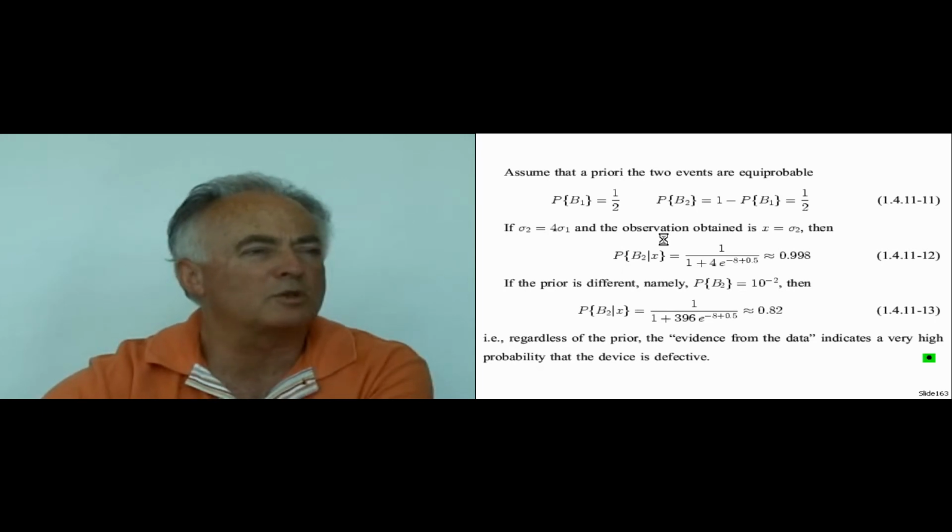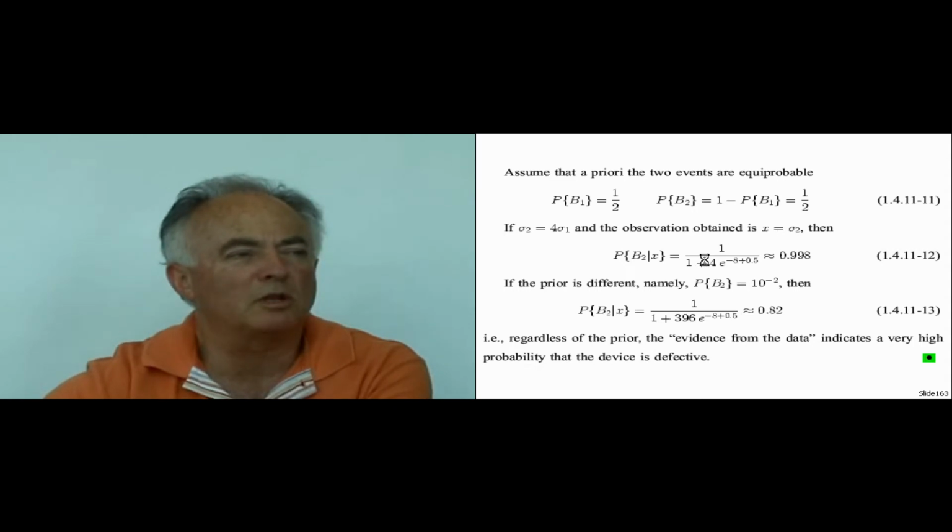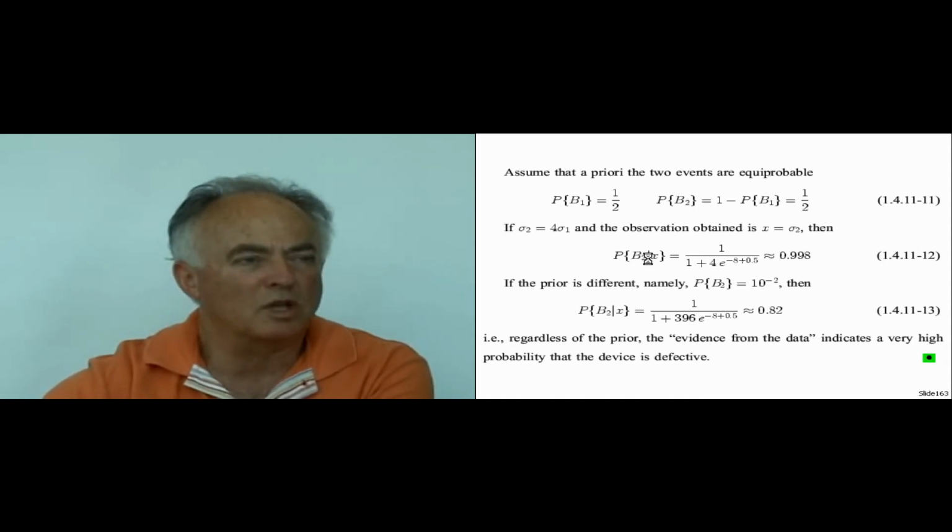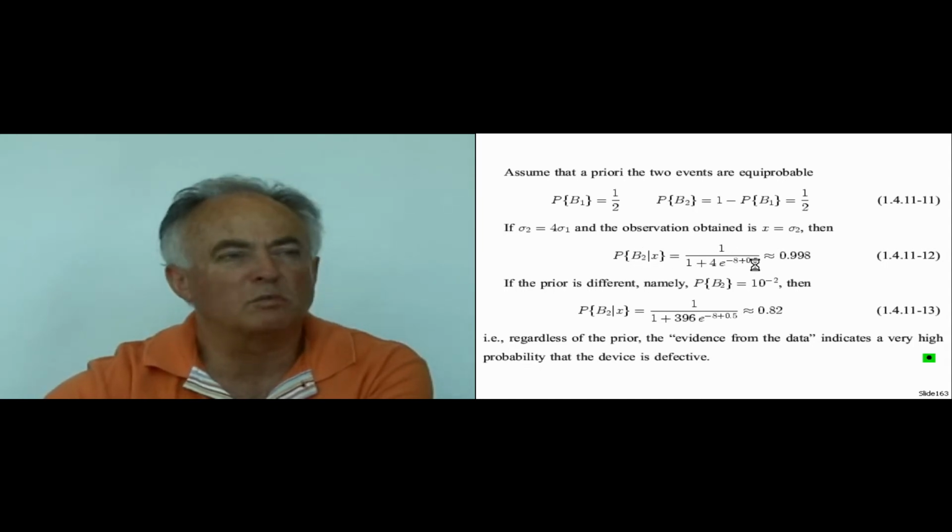And assume the observation that you get is, for the sake of example, x at sigma 2, like 1 sigma value of the large noise. The question is, what is the conditional probability that this device is defective? P(B2 given x), using the expression we had before, turns out to be 0.998.